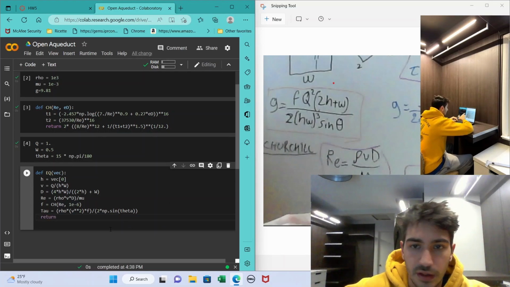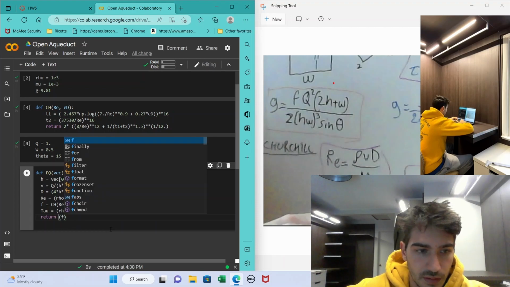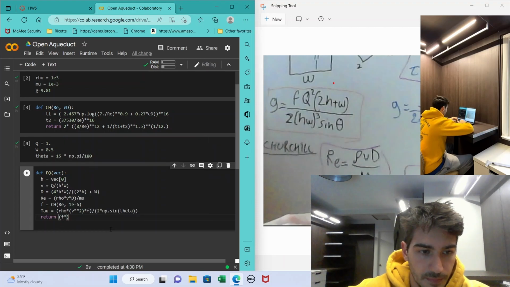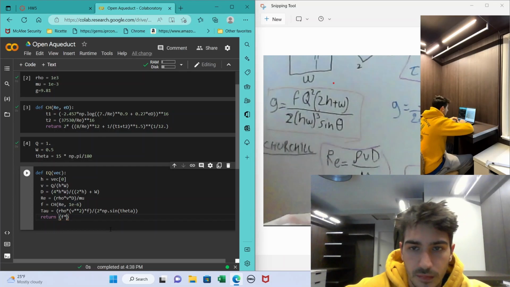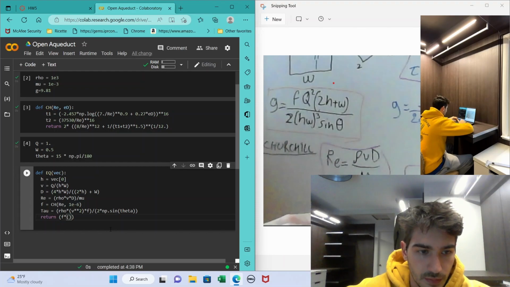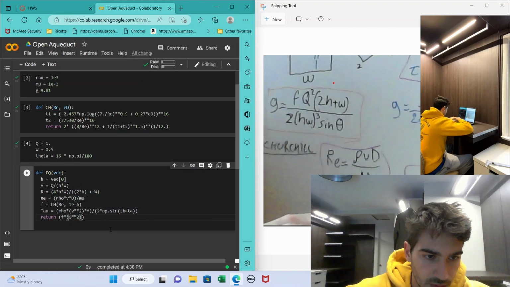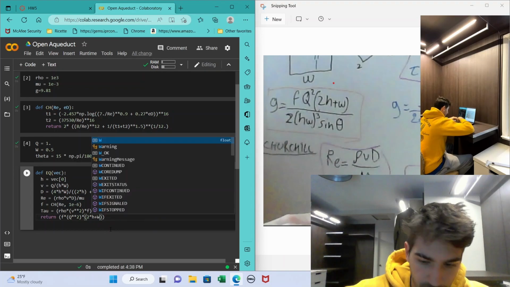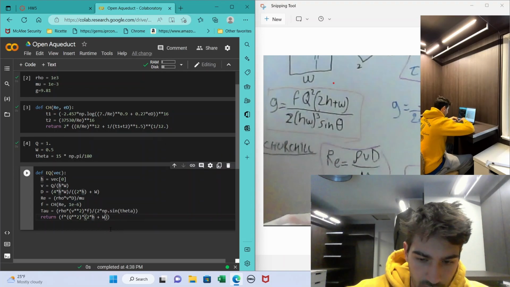We want this to return this final expression. So, of course, we want F times Q squared, and of course we have multiplied by 2 times H plus W. Let's space this out.